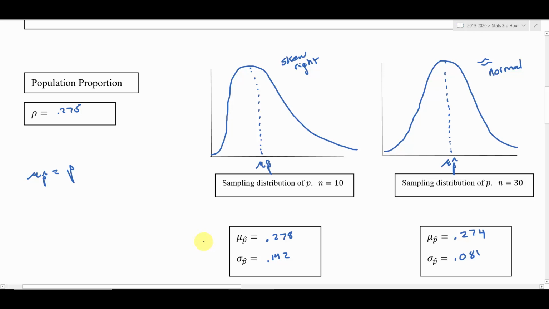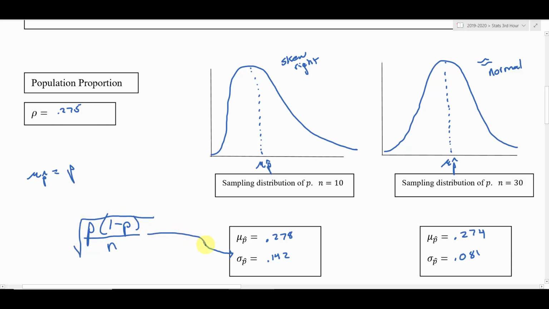And yes, there is a formula to help us calculate this so we don't have to run a simulation. And here is that formula, and I'll demonstrate it working here. It is the square root of p, that's our population proportion, times 1 minus p, over n. And all of this goes into the square root.